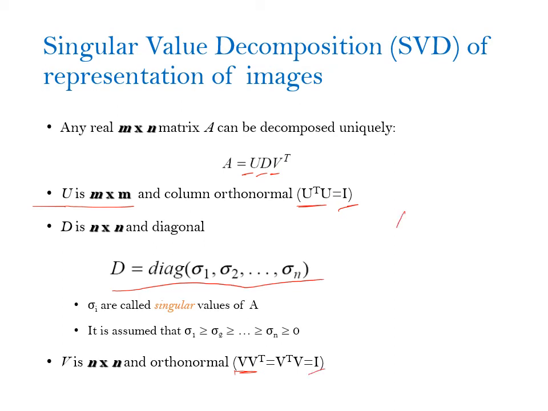So a matrix A can be decomposed into U, D, and V, and the product of the orthonormal U, diagonal D, and V transpose will give us A. By doing that, it's possible to discard less important values and extract important values.